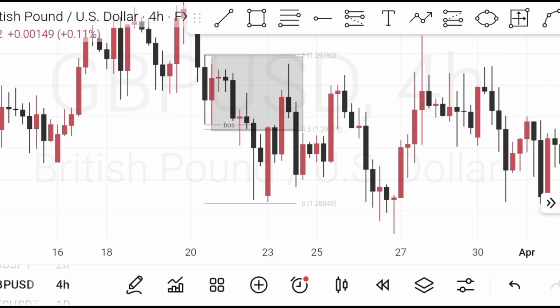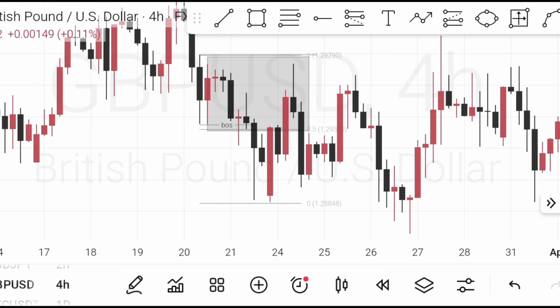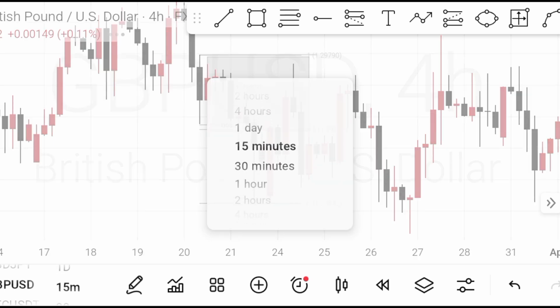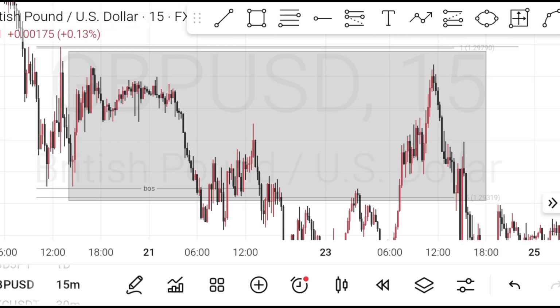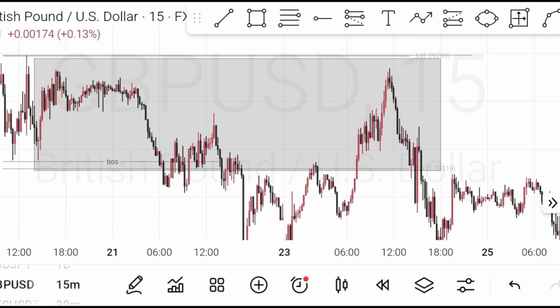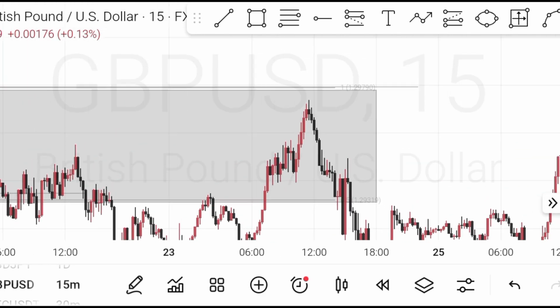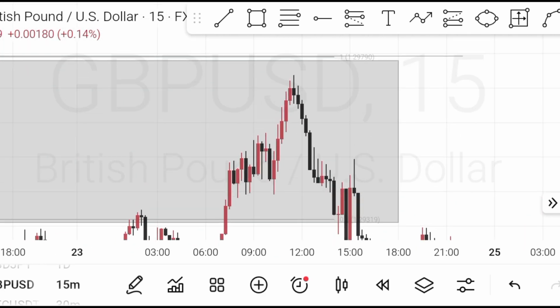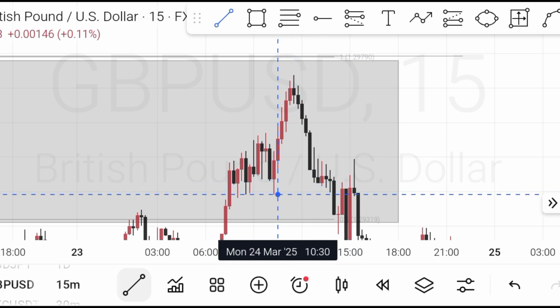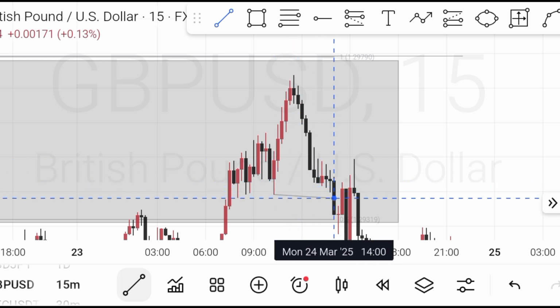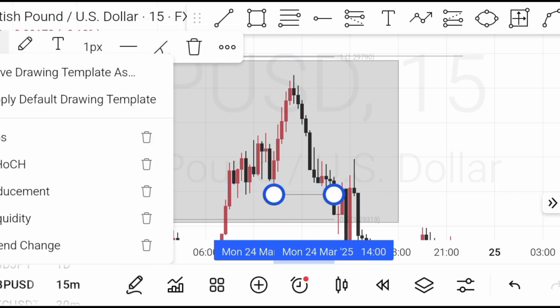Alright, so let's just move down to our lower time frame, find our change of character, and then we'll be entering the sell. Here is the zone, the discount zone on the lower time frame. As you can see, this was the change of character, right? So we already had the change of character in here.